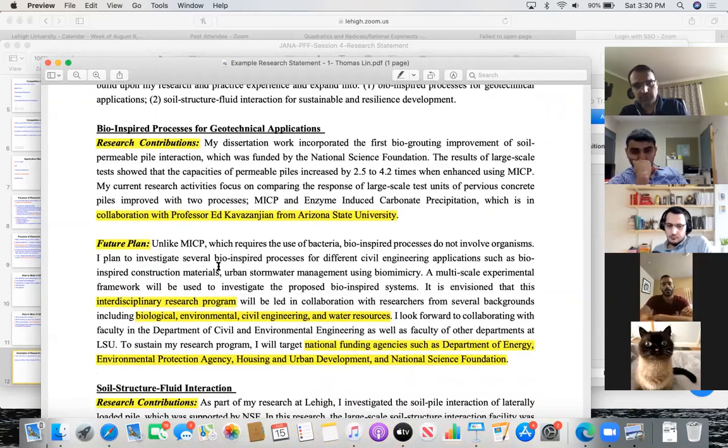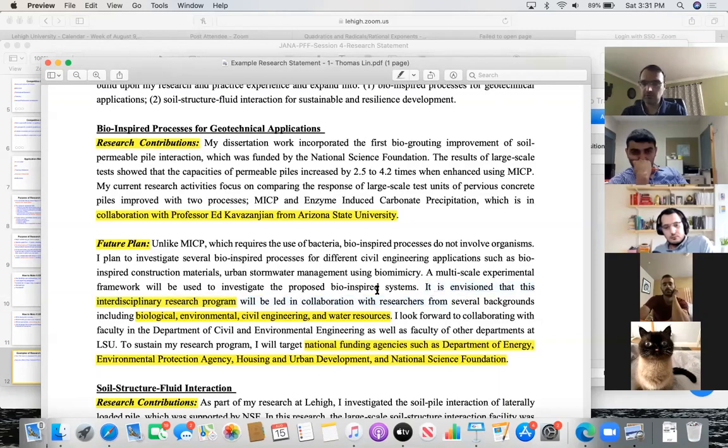And let's jump to the next paragraph, where we're basically talking about the future plan. And again, it's a future plan for that specific research area. So he talked about his contributions in the first paragraph, and then in the future plan he talks about future contributions. And you will see that he's talking about multi-scale experiments and a framework. He also mentions, if you notice in this sentence, it is envisioned that this is an interdisciplinary research program.